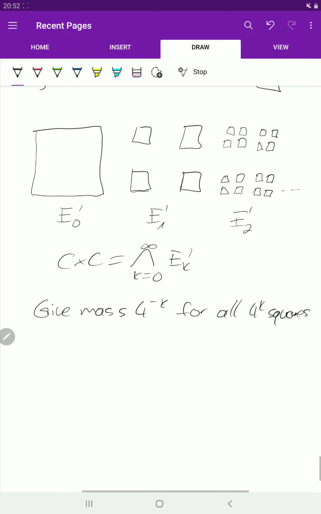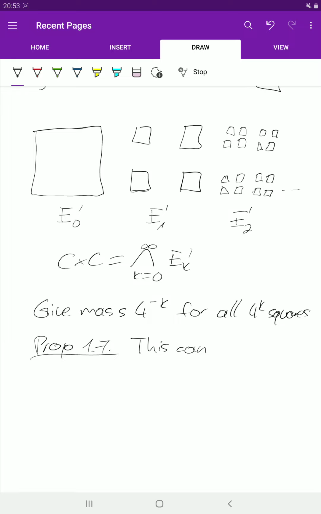And the proposition tells us, so this was proposition 1.7 in the book by Falconer, so what I mean with giving mass 4 to the minus k: at first we take the Lebesgue measure on this unit square, and then take the Lebesgue measure here, and so on, but scaled every time.